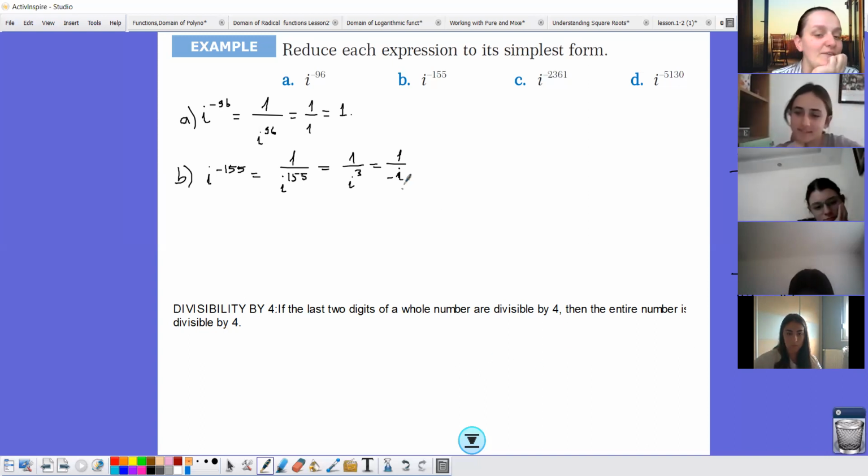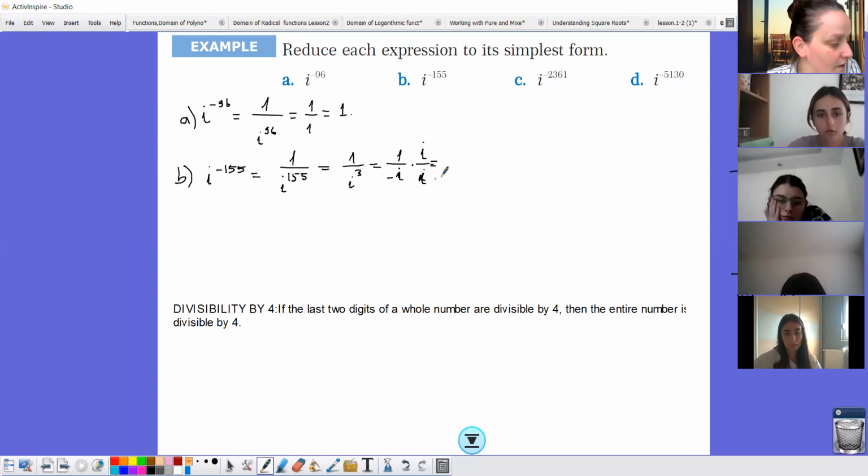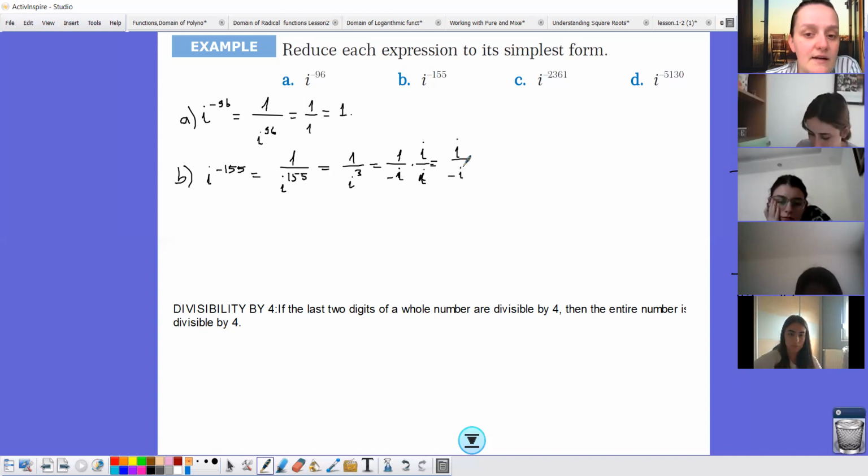So also here, not to leave the I, I will multiply by I. Why with I? To get I squared there. When I multiply by I, it will be I over minus I squared. What is I squared?